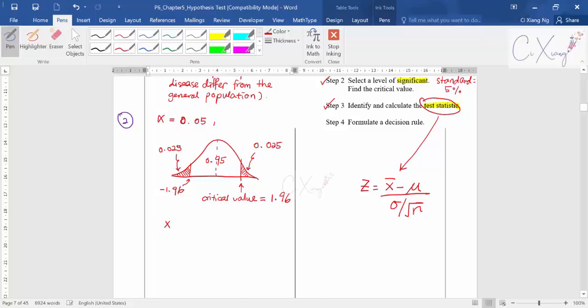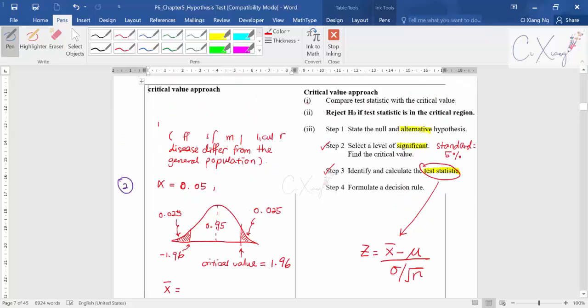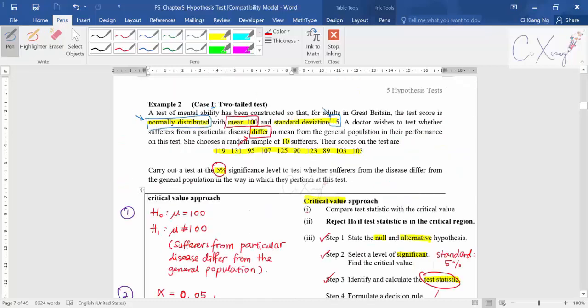Okay, so what is sample mean? You need to calculate lah. You have the data on top, right, in the question itself. So all these are the data. Okay, so you get the mean from this set of data.